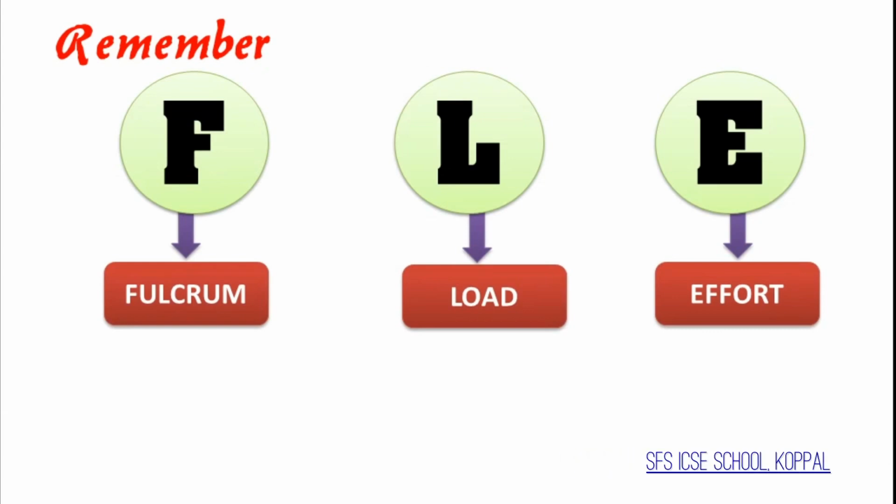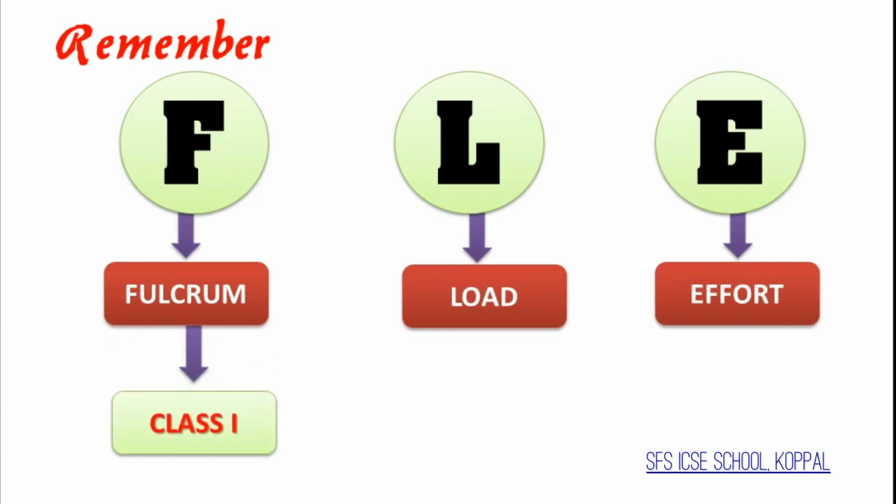Now, what is the use of these three words? These three words help us to identify the class of levers properly. How? For example, the first word is F. F stands for fulcrum, and if fulcrum is in the center, I repeat, if fulcrum is in the center, it is first order lever.